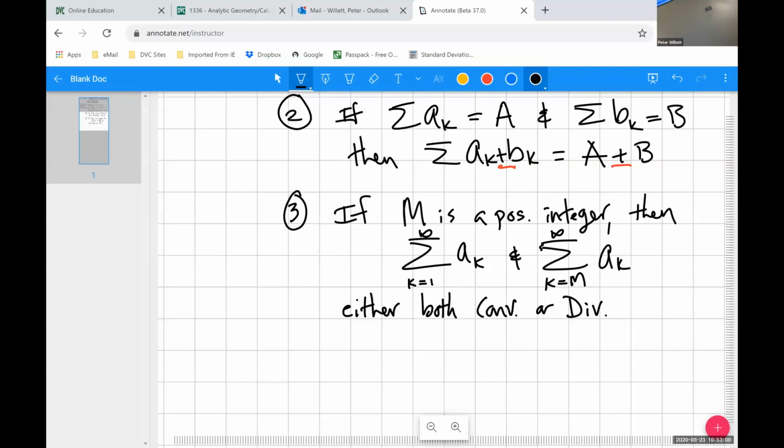So let's look at an example of this theorem. This is example 5 on page 637. It says, evaluate the following series.